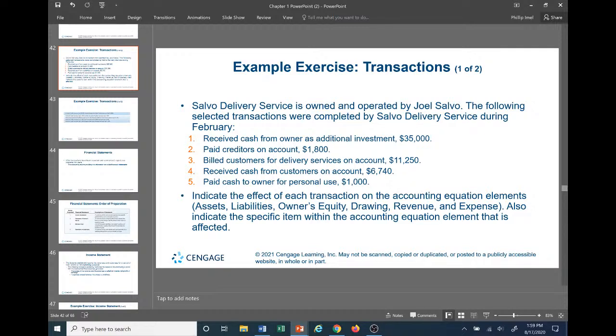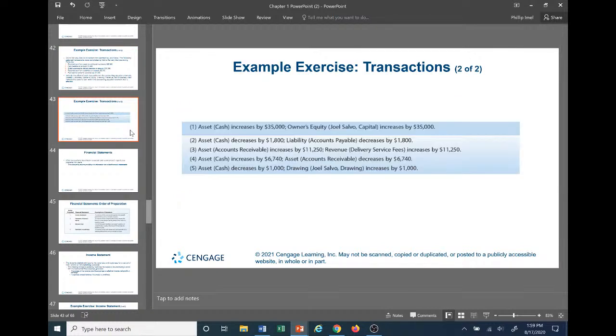So if we've paid creditors on account $1,800, our cash is decreased by $1,800 because that's what we use to pay the creditors. And therefore liabilities also have to decrease by $1,800 because we paid the creditors on account. So our overall accounts payable balance will be decreased by the same amount as the cash decrease on the payment to the creditors. Let's look and just see if that makes sense.